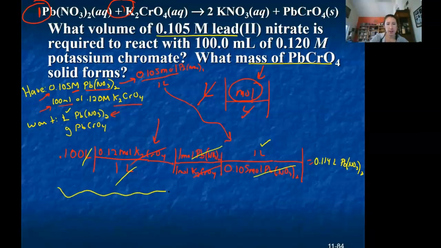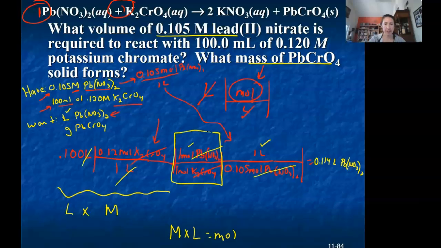Okay, so again, let's look at what we've done here. This first piece is just this exam now. It's just using your volume. For those of you who like to do this, molarity times liters equals moles. That's what we did: liters times molarity, we got our moles. This is the new piece, the only new thing in this entire problem, by the way.